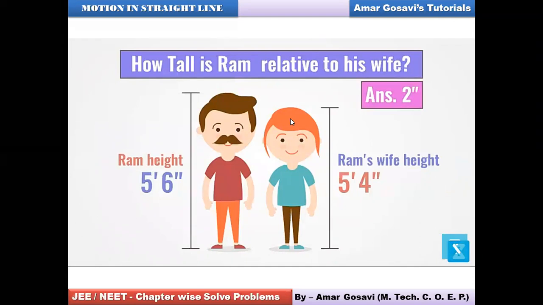The answer will obviously be 2 inches. With respect to his wife, he is 2 inches tall. This is how you need to analyze the concept of relative motion, friends. Hopefully you have noted this down. Let's move ahead.